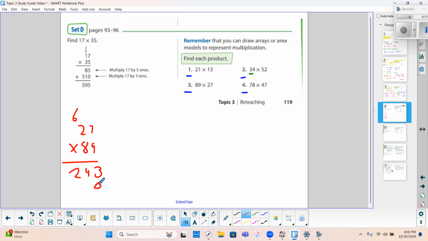Put a 0 right there. 8 times 7 is, oh, I need to cross that out from before. 8 times 7 is 56, so put a 6 there, carry a 5. And 8 times 2 is 16, plus 5 is 21.